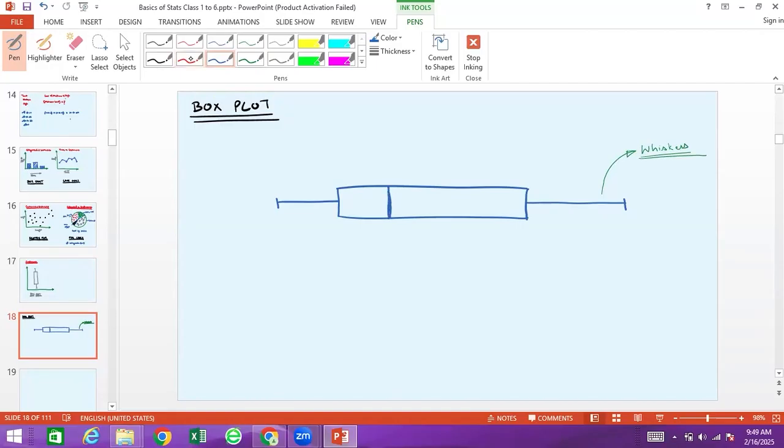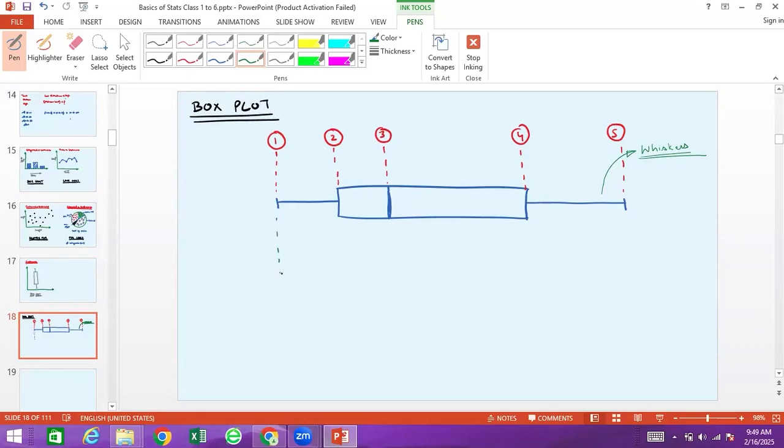Now how to read a box plot? In a box plot, there will always be 5 points. This is one point which is important, the second point, the third point, the fourth point, and this is the fifth point. Now what are each of these points?